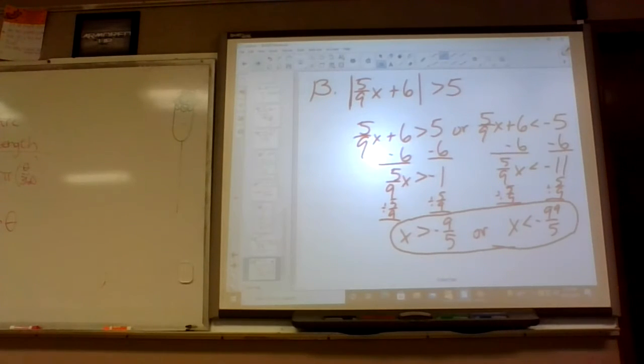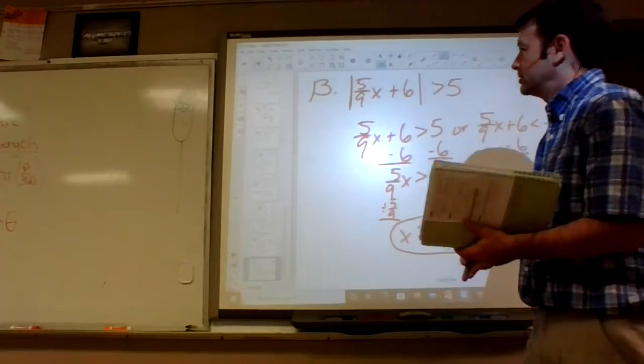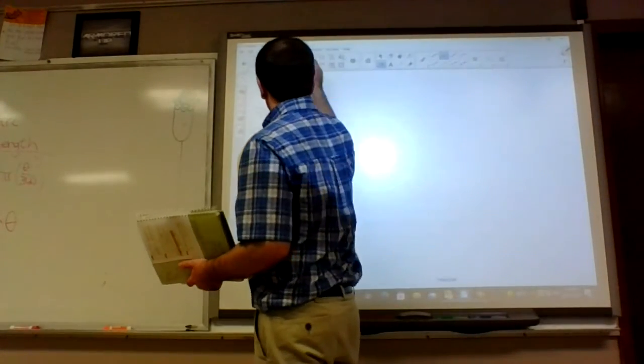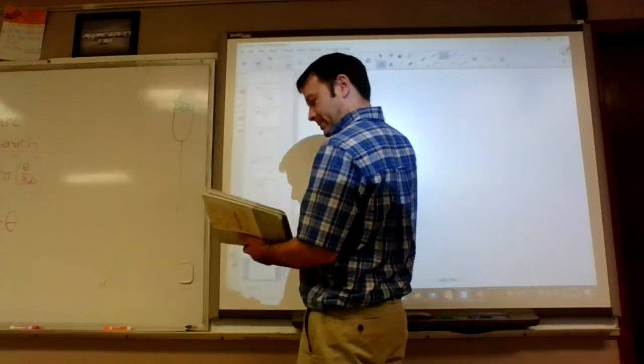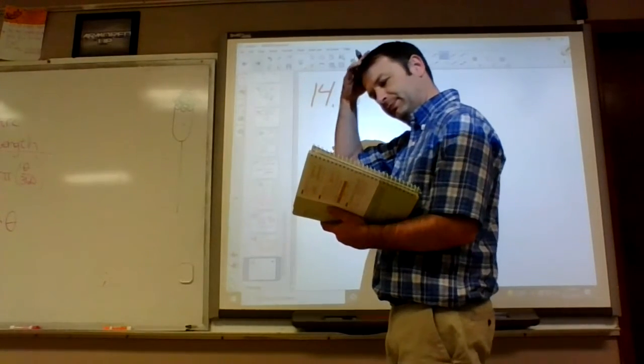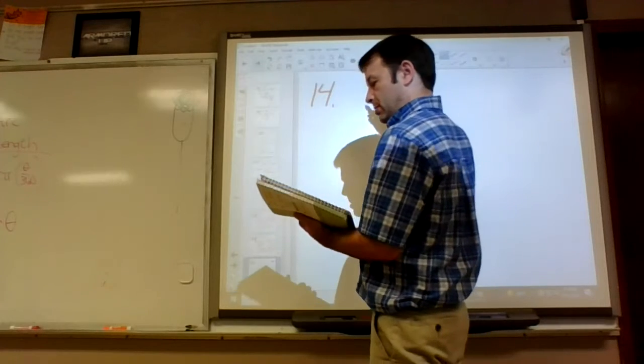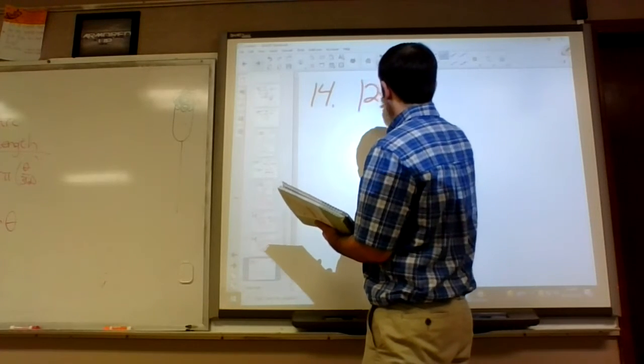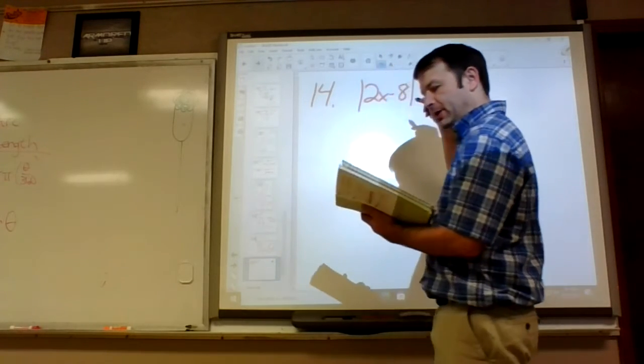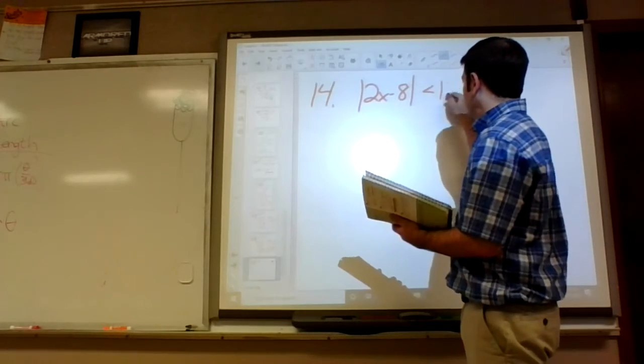I'm gonna do 14 because all the odds are greater thans. And we haven't done a less than in a long time, so I'm gonna switch up the pattern and do number 14 for a change. So whatever you wanna do with that on your paper. 2x minus 8, okay, less than.